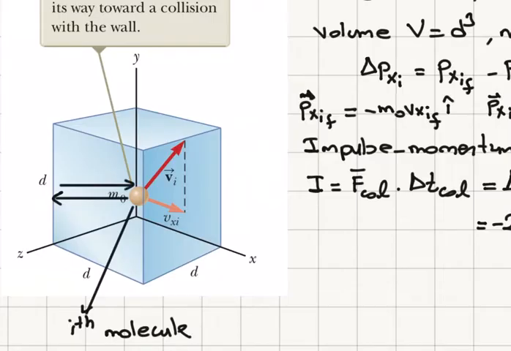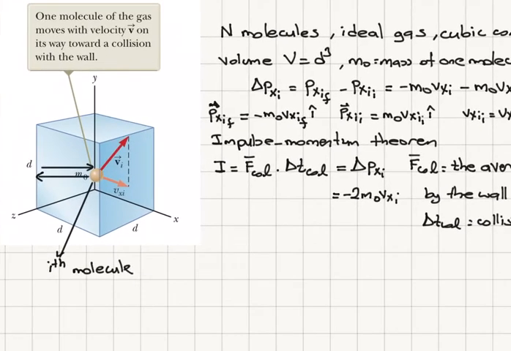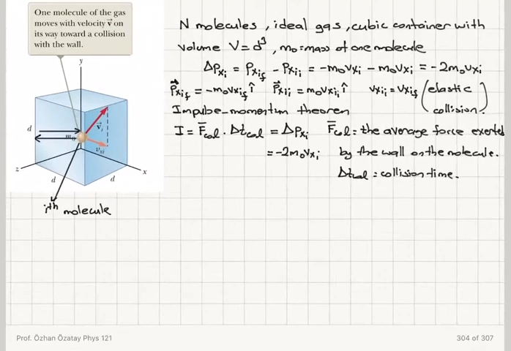So what is the distance traveled by this molecule in between the collisions? Well, it's going to travel a distance d on the x-axis to hit the other side, and then another distance d to come back and hit this wall.